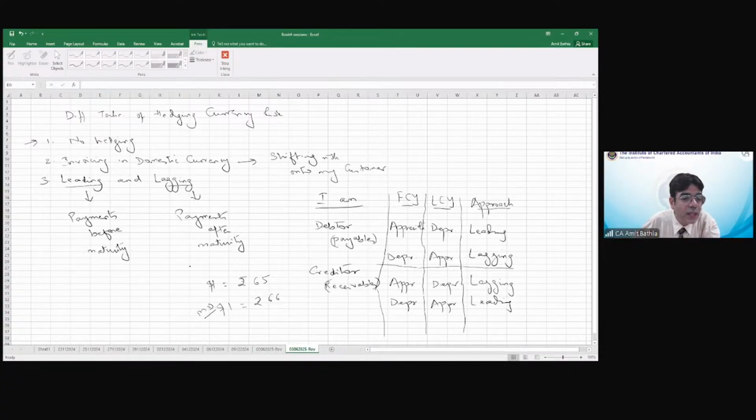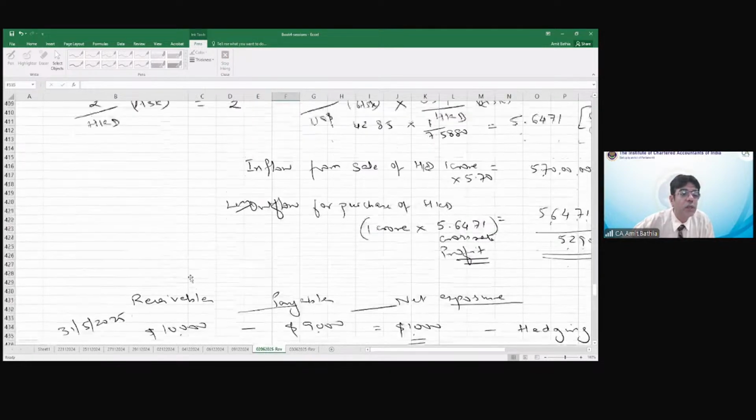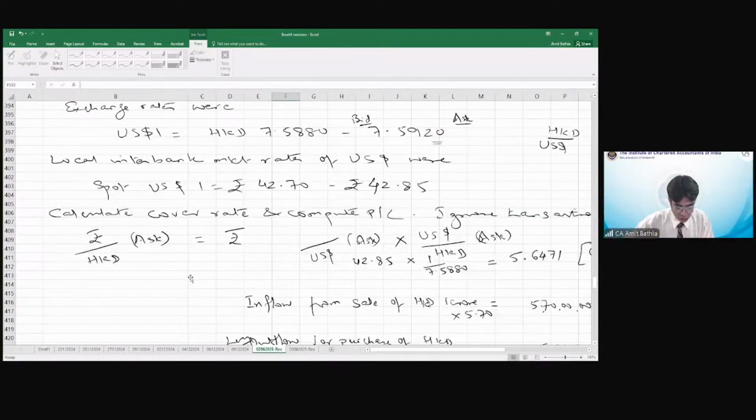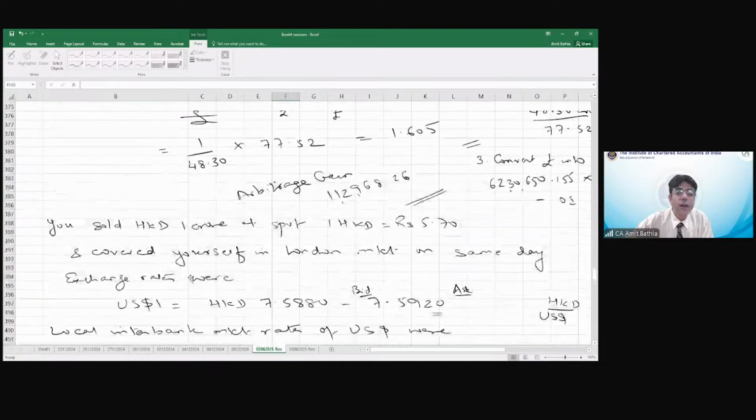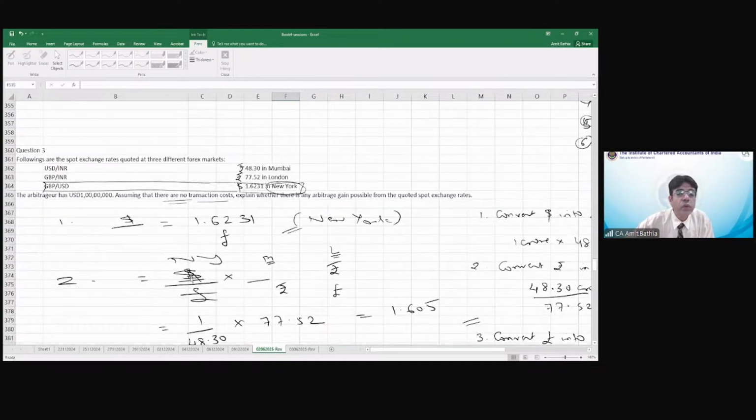We had solved one sum on this particular topic yesterday also, where we were comparing whether we should pay it after 60 days or after 90 days, right? We had done question number 2 yesterday, if you recall. This was question number 3.